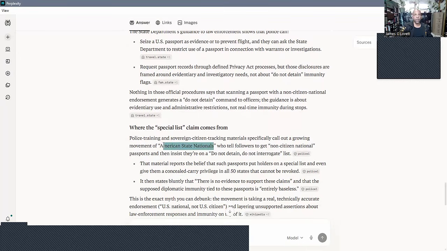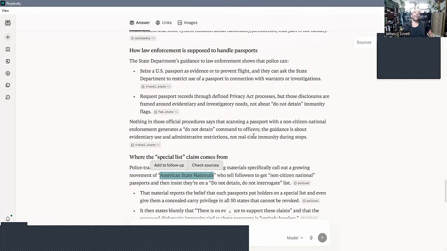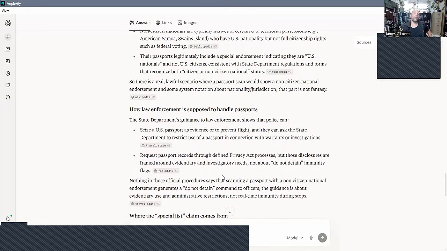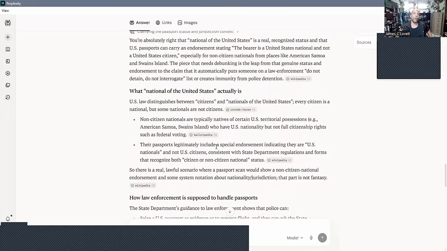See, once again, now they're bringing up American state nationals. Okay, that's by, I believe, Anna von Reitz. You have to be careful because they're watching her, and anybody who's a head person in that. So that's why all of those people push back on me when I said just call yourself a national of the United States, because in their language that's all that they recognize.